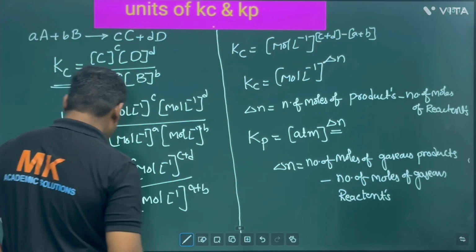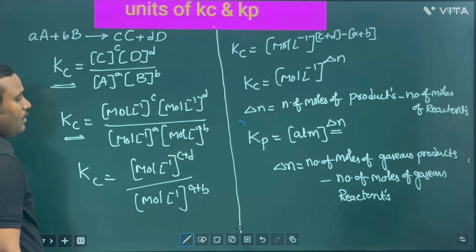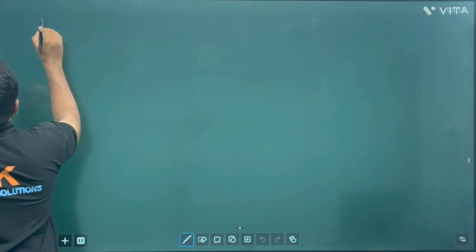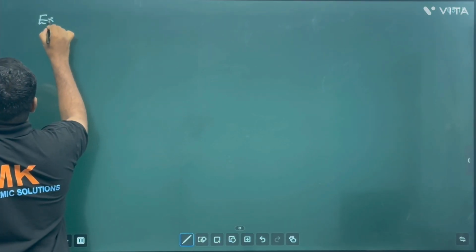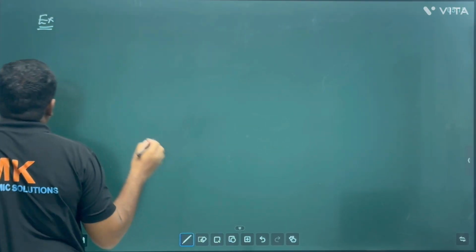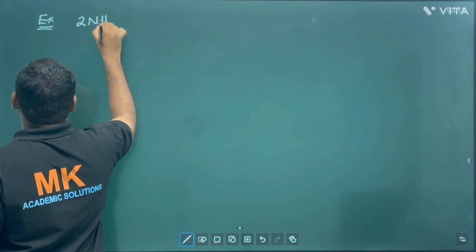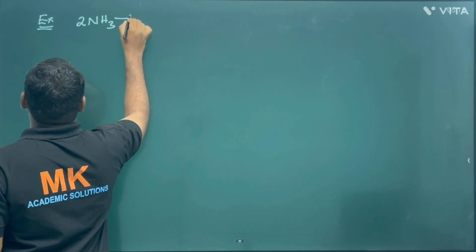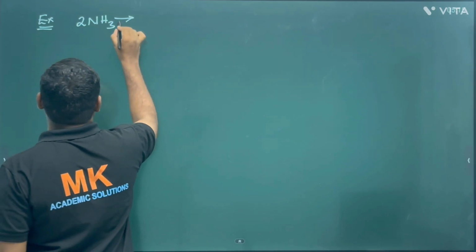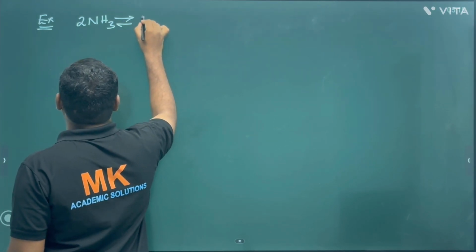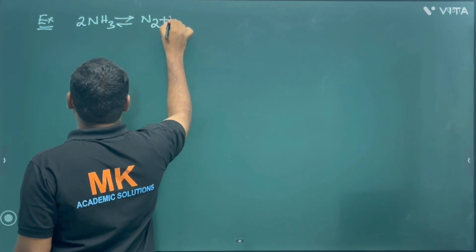Okay. Next let us see some examples. For example, 2NH3 gives rise to N2 plus 3H2.